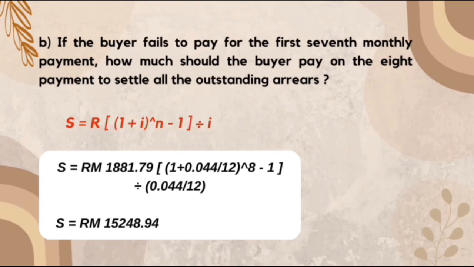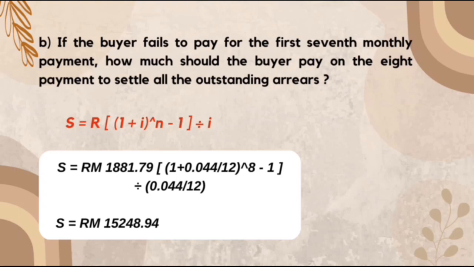Question 2B. If the buyer failed to pay for the first 7 monthly payments, how much should the buyer pay on the 8th payment to settle all the outstanding arrears? To solve this question, we use the future value of annuity formula, which is S equal to R bracket 1 plus I bracket to the power of N minus 1 divided by I. Then fill in all the information given in the question into the formula.